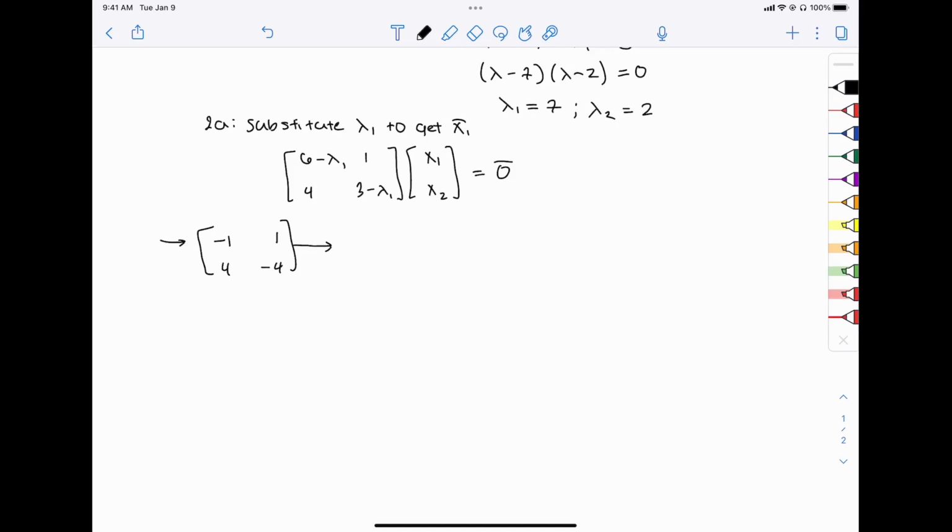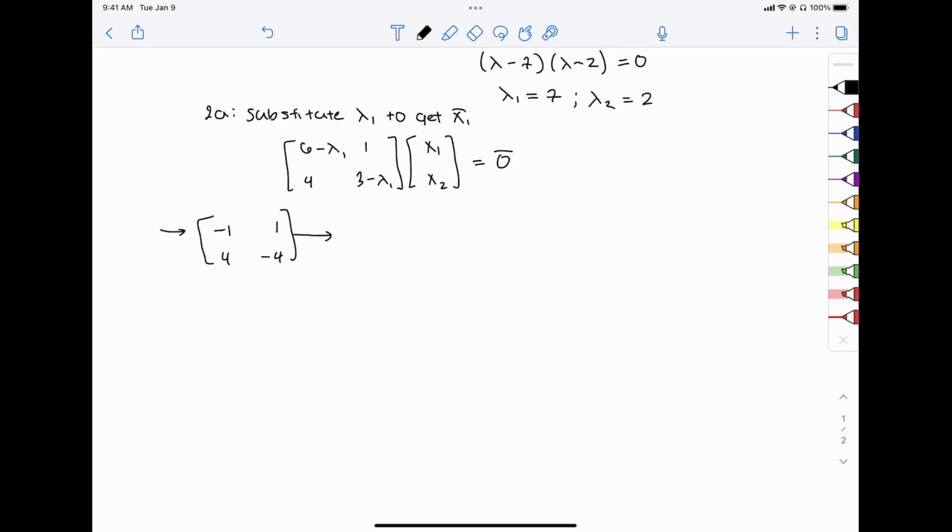And that's very important because whenever we're finding our eigenvectors, it's usually best just to put it in row echelon form. If you're not familiar with row echelon form, I'm just going to write a side note here. There's reduced row echelon form, and there's row echelon form.